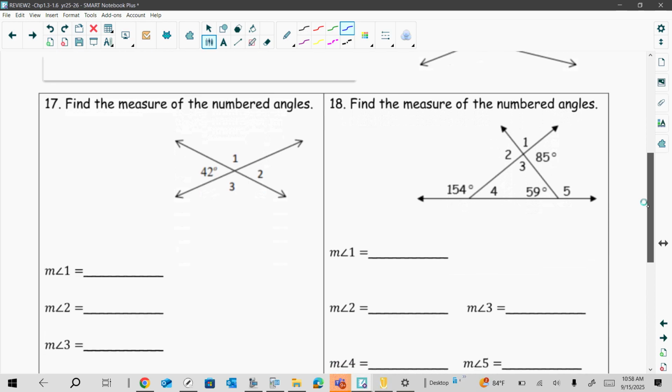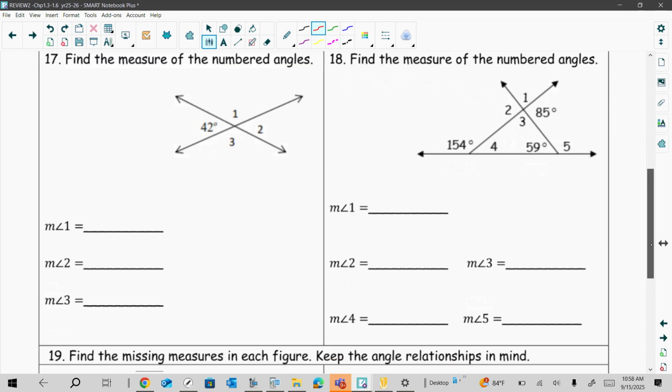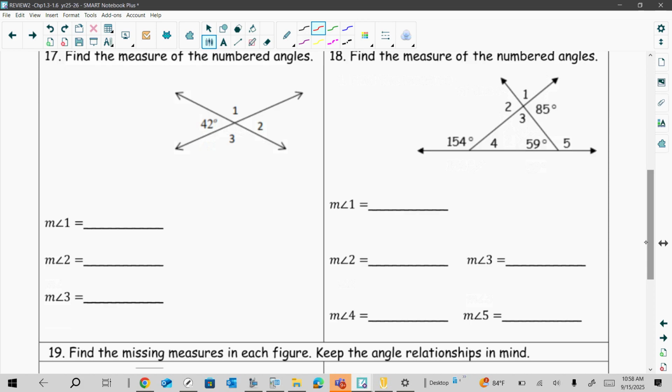All right, so for anything with angle measures and intersecting lines, do the vertical angles first. That's the easiest one. So who is vertical to 42? Angle 2. So angle 2 equals 42. Those two are equal.